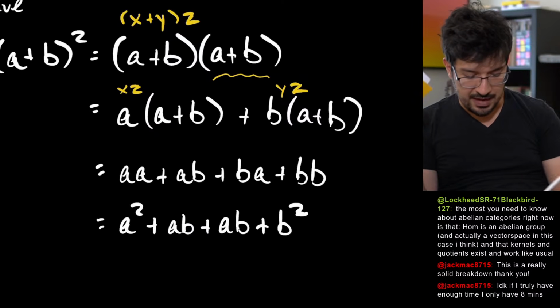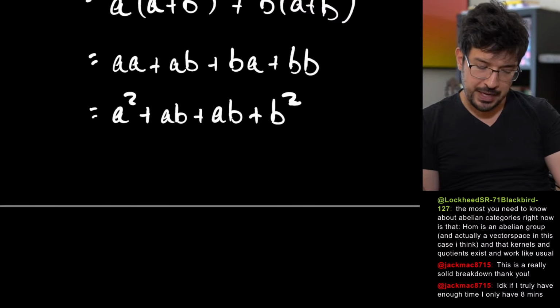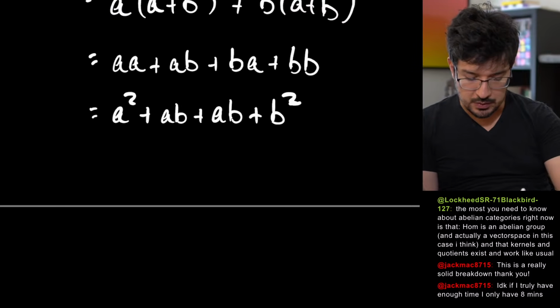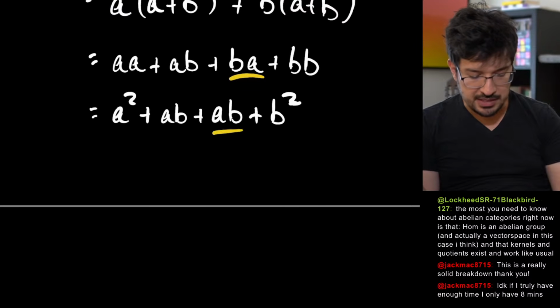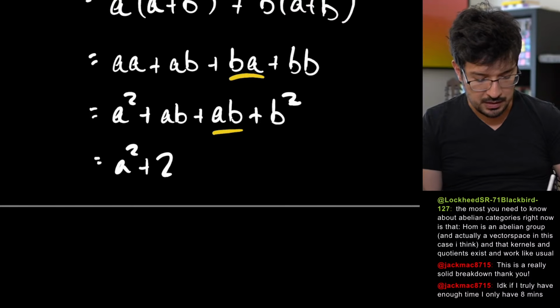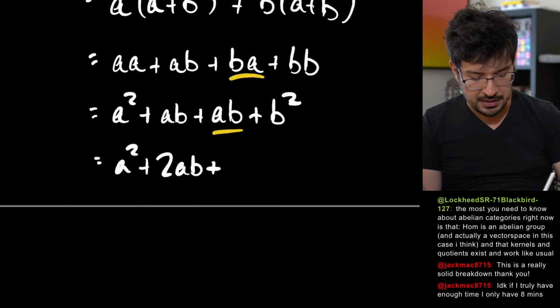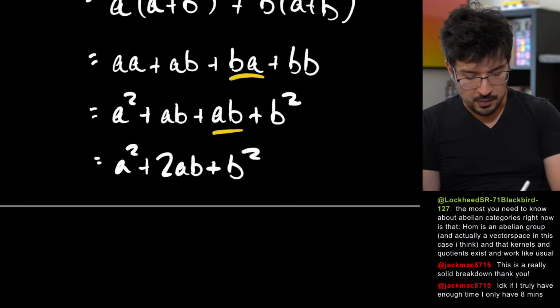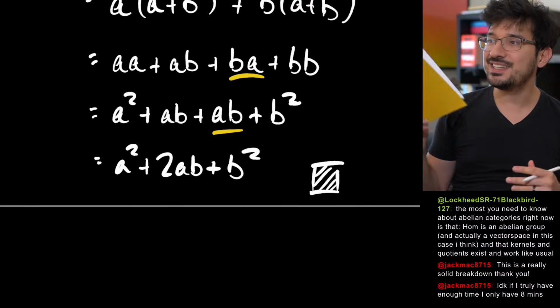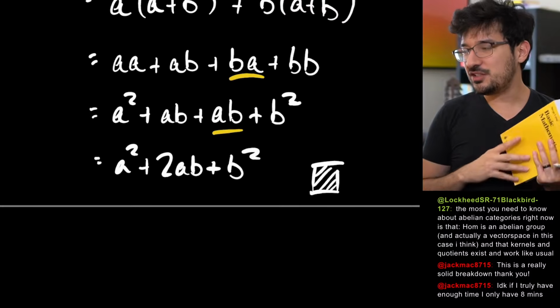One is the definition of a square power, of a second power, and then also I used commutativity. So here it's important to notice that we used commutativity, and now we can add those two AB terms together, and therefore we are done. We got to draw the cute little square. All right, I hope I finished that in 8 minutes.